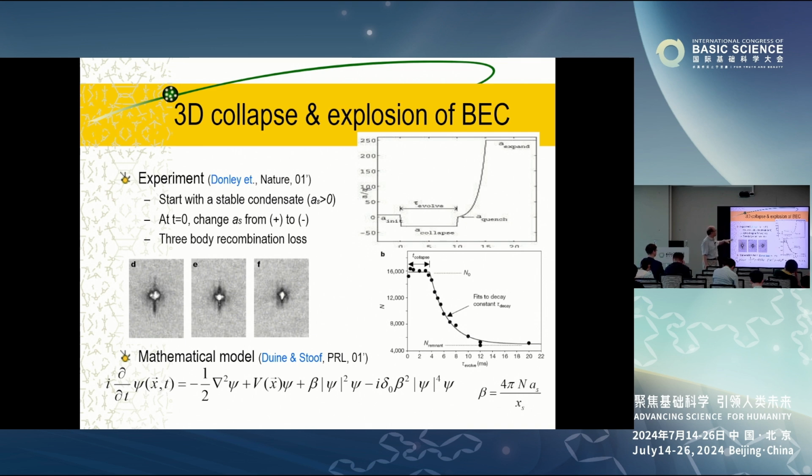So at that time we tried to solve a problem, the so-called three-dimensional collapse and explosion of the Bose-Einstein condensate, BEC. The problem is the following.